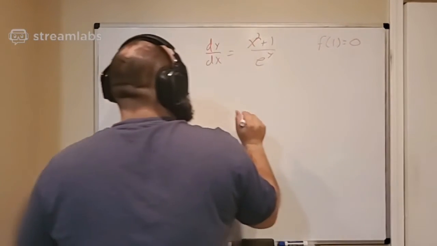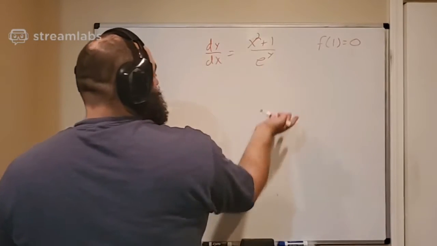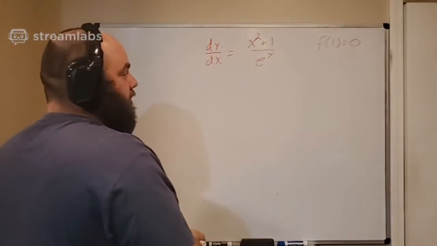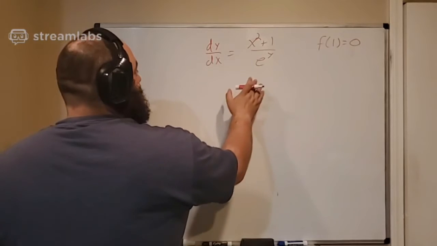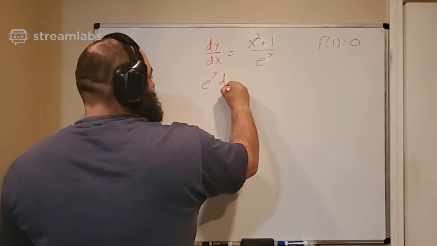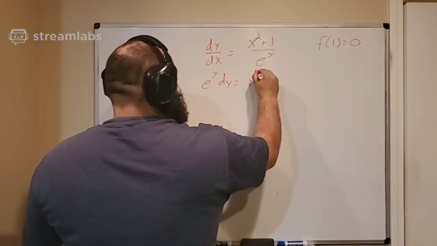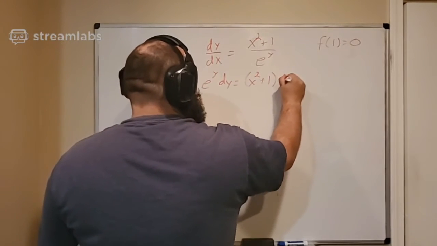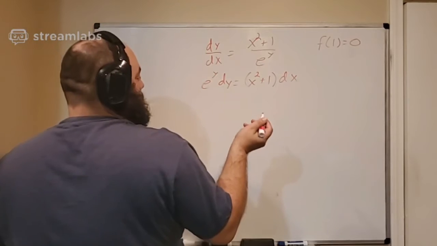So move the e to the y up and the dx up, so you get e to the y dy is equal to x squared plus 1 dx. Integrate both sides, so hopefully it shouldn't be too bad. Plus x. Don't forget your plus c.